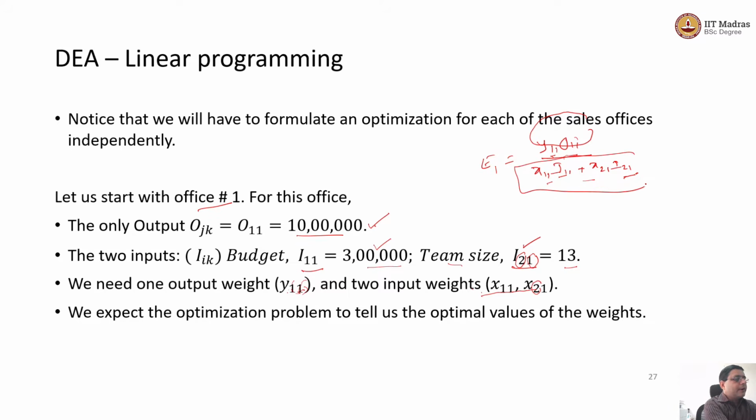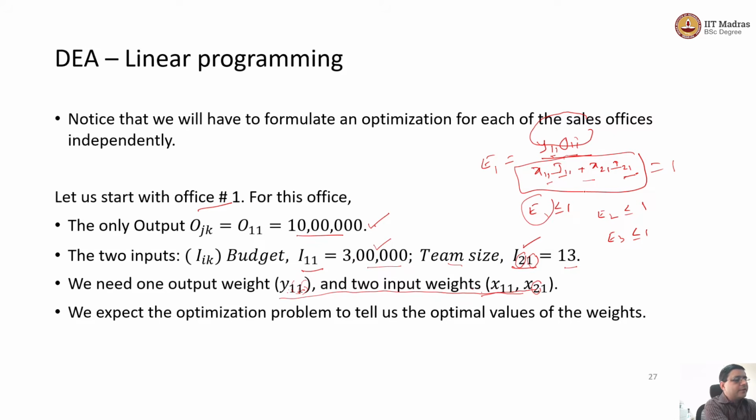Denominator is weighted input, and normalizing that to 1 will be the first constraint. Now, what are the next set of constraints? Using these weights, none of the DMUs, including DMU number 1, should get an efficiency of more than 1. So it is going to be E1 less than or equal to 1, E2 less than or equal to 1, E3 less than or equal to 1, right? All these types of constraints.